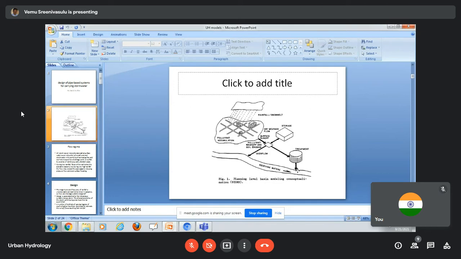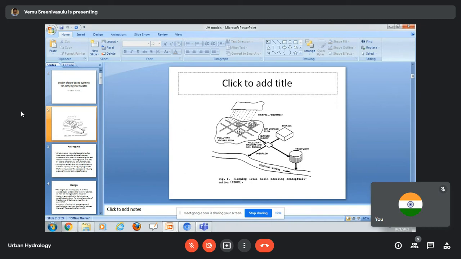So our work is to design these pipes: where we have to keep the pipe, what should be the diameter of the pipe, and what should be the longitudinal slope of the pipe. These things we have to design in our urban drainage system. So the length of the pipe, the diameter of the pipe, and the longitudinal slope of the pipe.